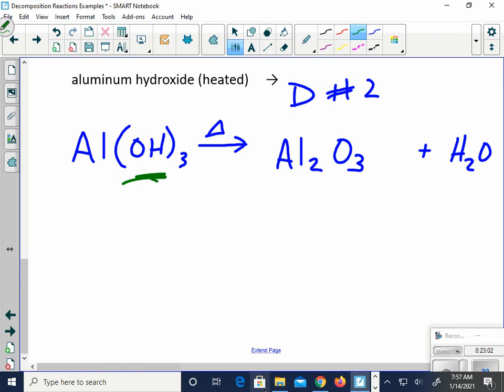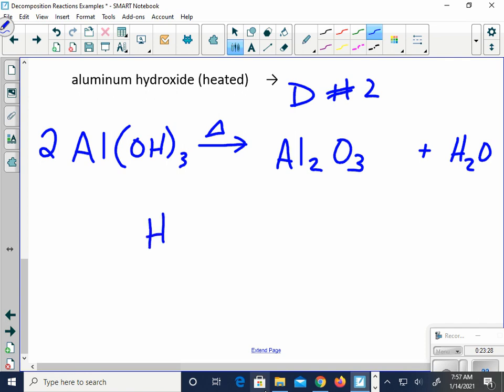I don't have a hydroxide on both sides though, so I can't keep that polyatomic together. I need to split it. First thing I'm going to do is balance up my aluminums. When I balance up my aluminums, I put a 2 here, so I have 2 aluminums on both sides of my yield.